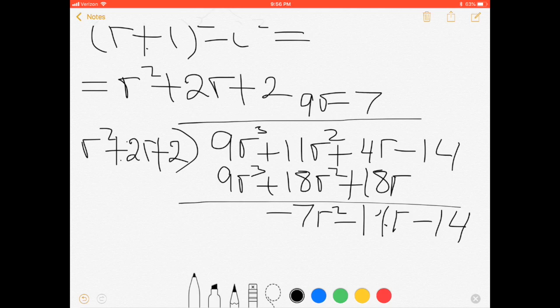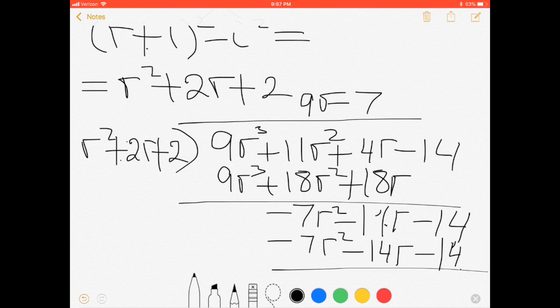We need to take minus 7, and this means we have exactly what we need: minus 7r squared minus 14r minus 14, and we have 0.